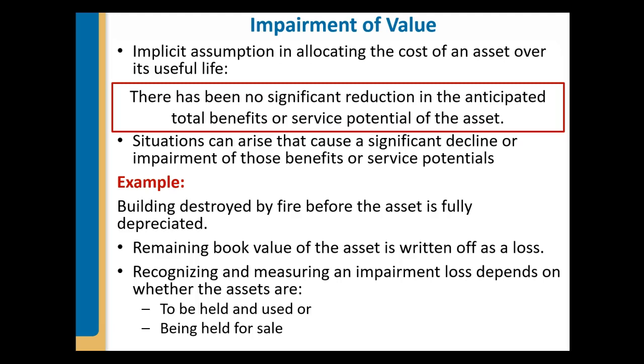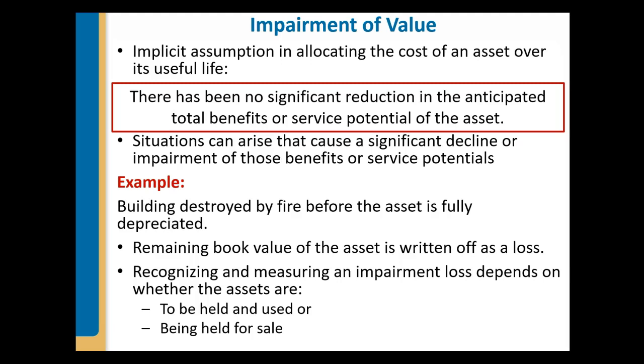Situations can arise that cause a significant decline or impairment of those benefits or service potentials. An extreme case would be the destruction of a plant asset, like a building destroyed by fire, before the asset's fully depreciated. The remaining book value of the asset in that case should be written off as a loss.